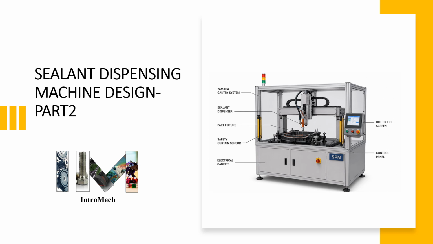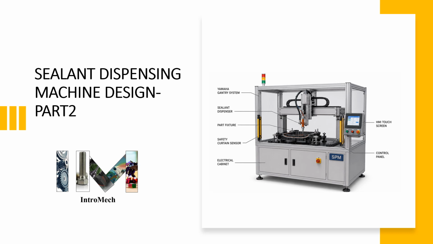So guys, we have started our new series in which we are discussing how we will design a sealant dispensing special purpose machine. In these sessions we are discussing the basic concepts, the calculations, and the selections, and I'm not going to show how we model it in 3D, because that you can do.